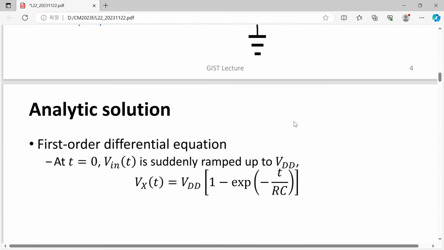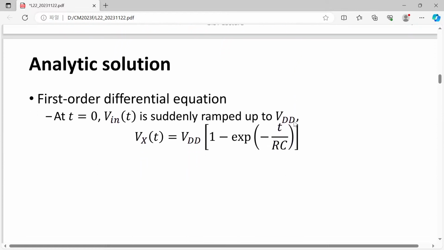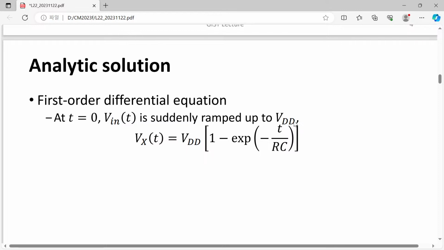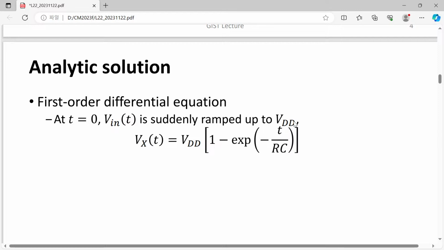Then let's go to the analytic solution. Since this is a first order differential equation, its solution is not that difficult, especially when we have a sudden switch from 0 to VDD. Our solution becomes in this form.